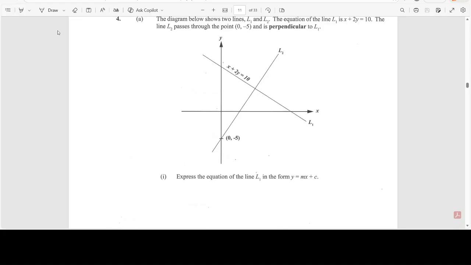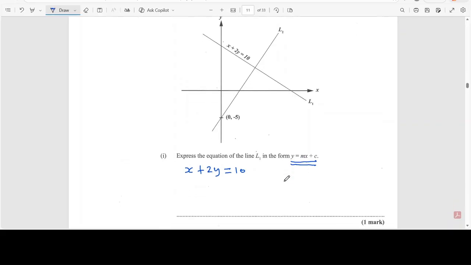So L1 is x plus 2y equal to 10. So if we want to express it in this form, what we need to do here? We need to make y the subject, right? So what do we cross first there? The 10 is on the side already. The x, we carry across the x.